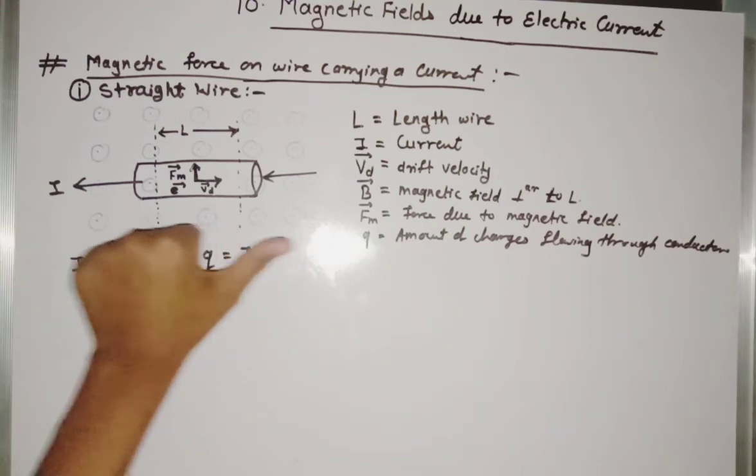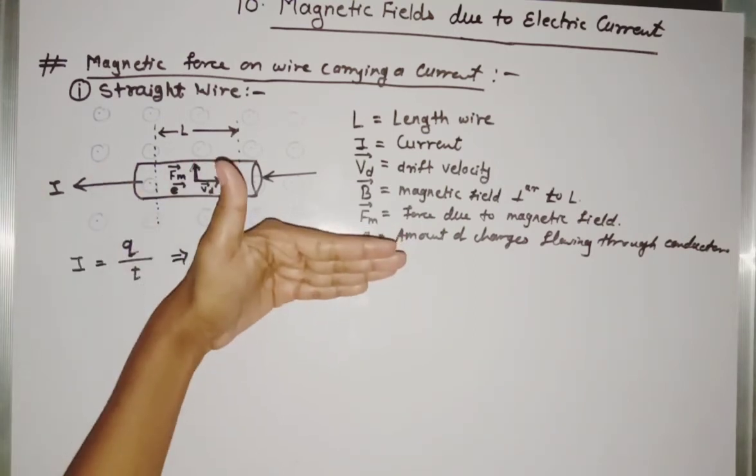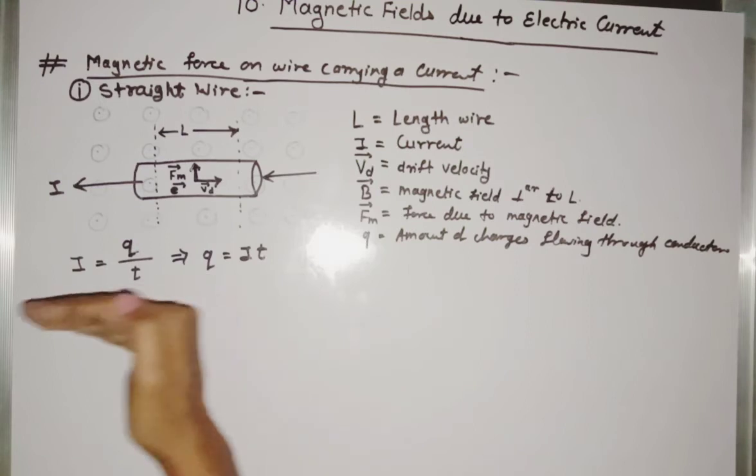The direction of drift velocity is in this way. The direction of current flow is in this way.